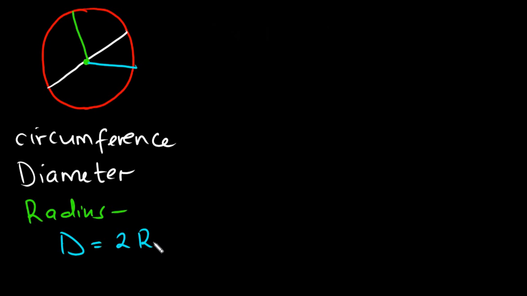Now, to find the circumference of a circle, we use the formula pi multiplied by the diameter. Okay, pi times diameter.